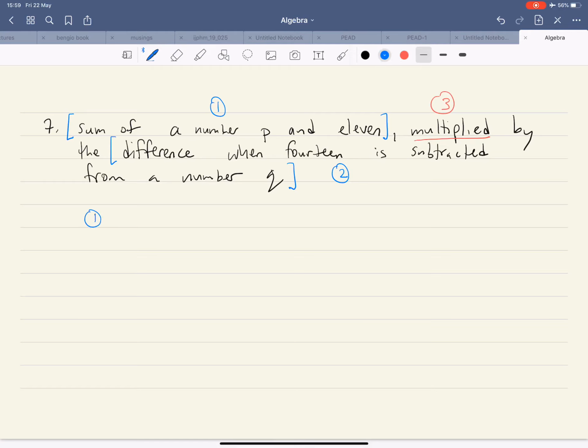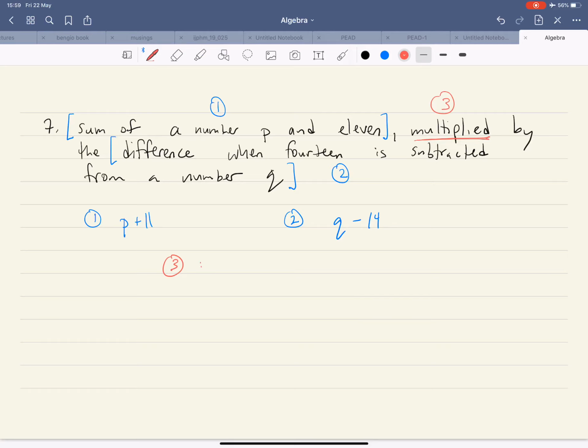So phrase 1 is a number p added to 11, so that's p plus 11. Subphrase 2 is the difference when 14 is subtracted from a number q. So I've got a number q, and I'm subtracting 14 from that. And when I combine these two together, I'm multiplying them.